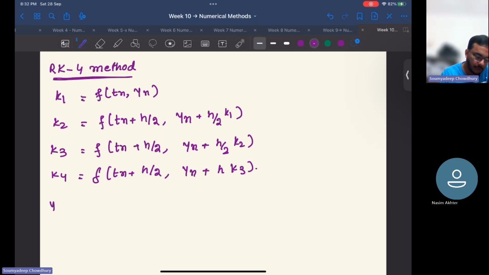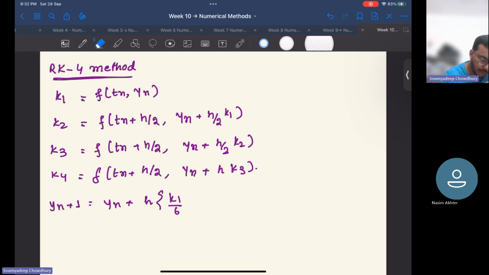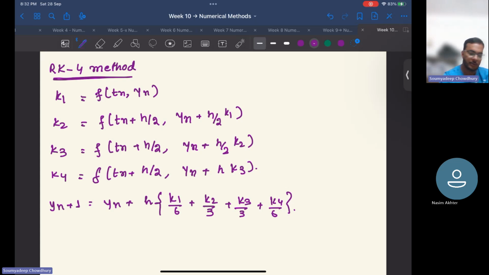So the iterative formula here is Yn plus 1 equals Yn plus H into K1 by 6 plus K2 by 3 plus K3 by 3 plus K4 by 6.